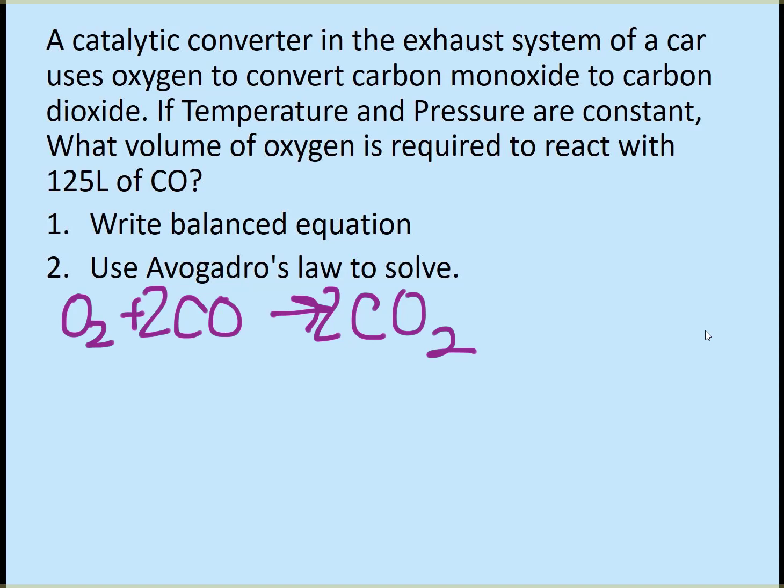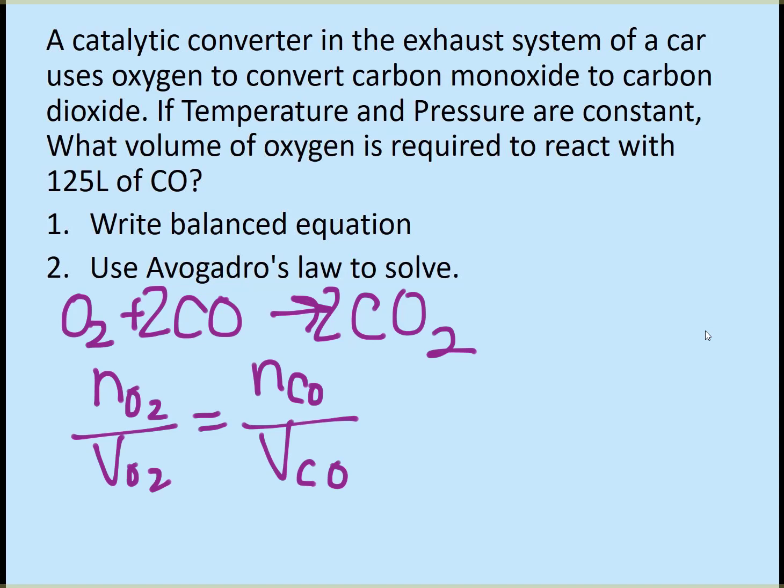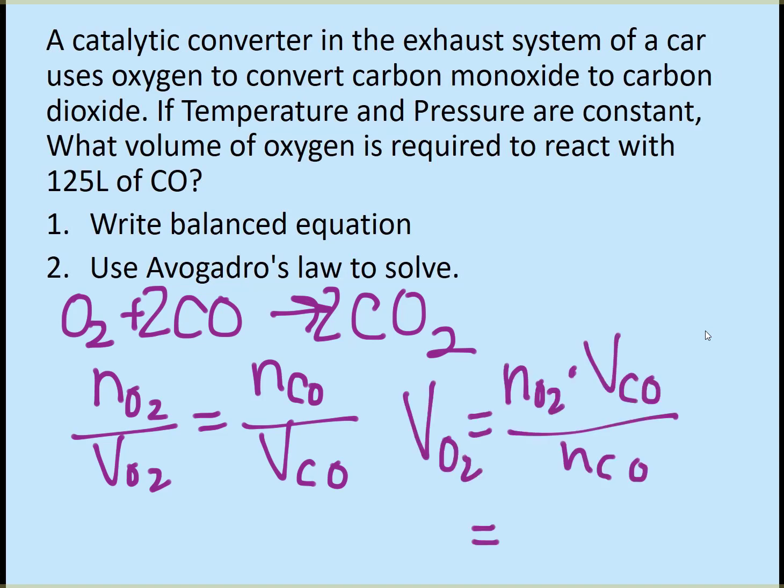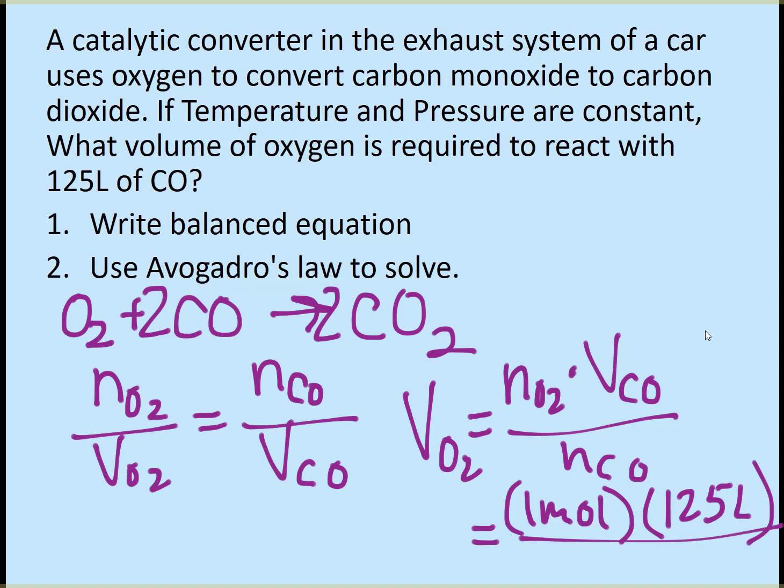And then let's go ahead and write our formula here. So I'm going to do the moles on top and the volume on the bottom. And from the balanced equation, that's where I'm going to get my mole numbers. So rearranging this, we want to solve for our oxygen. And we have our moles of oxygen is 1, volume of our CO is 125, and divide that by 2 moles.